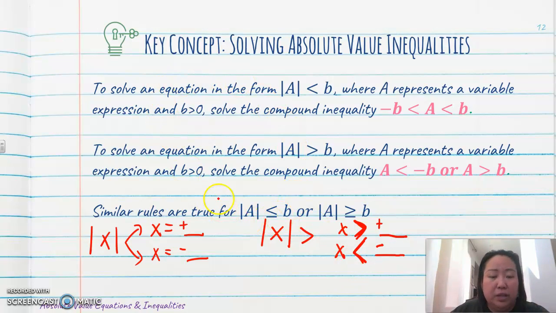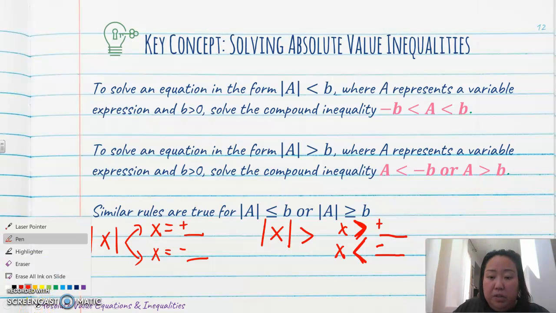That's the simplest explanation I can give you for solving absolute value inequalities. When you are working on the positive, you keep the inequality, whatever inequality you are given. The moment you are solving for the negative version, you flip your inequality.